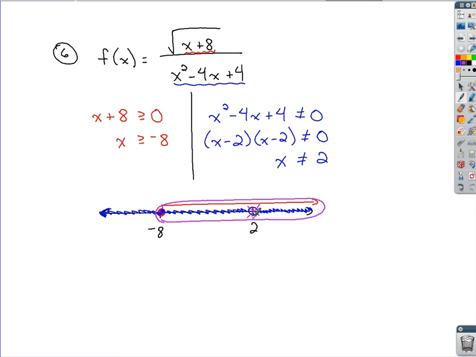So we've got a piece from -8 to 2, and we've got a piece from 2 to infinity, where this stuff is all coming together. Our domain would be -8, which we can include, up to 2, which apparently we cannot, form a union with 2 to infinity. Pick a number on those intervals, plug back into the function, you should get some real results.